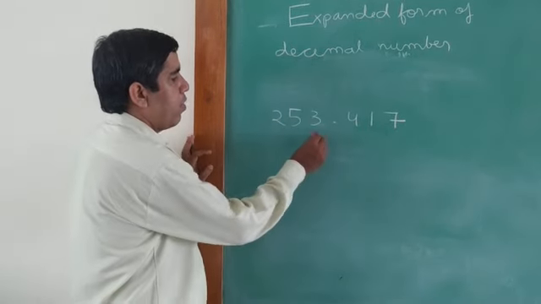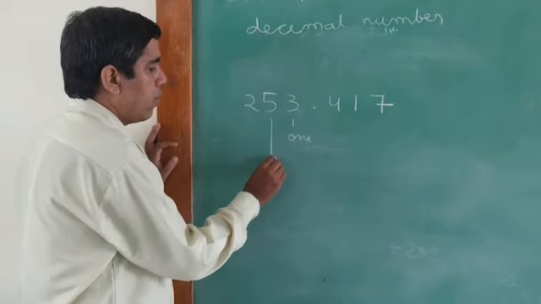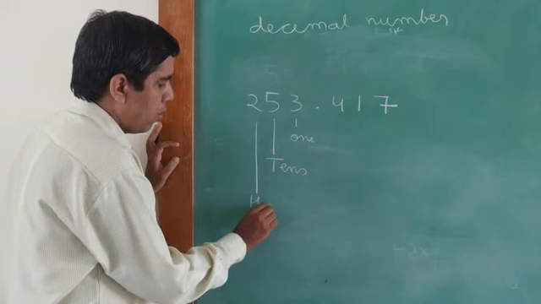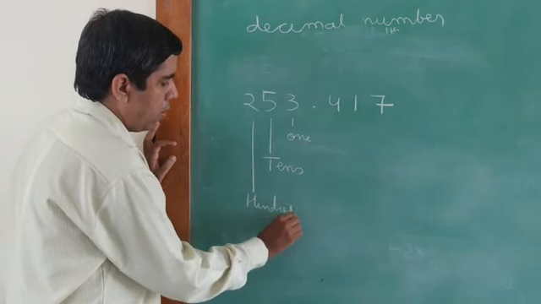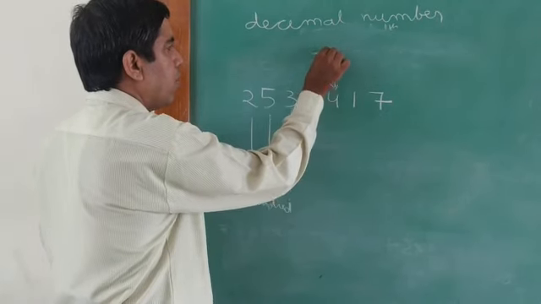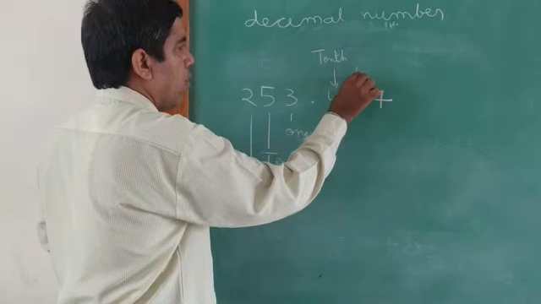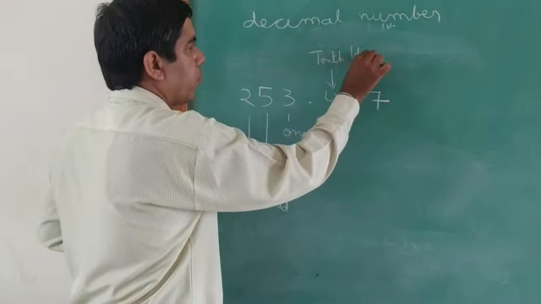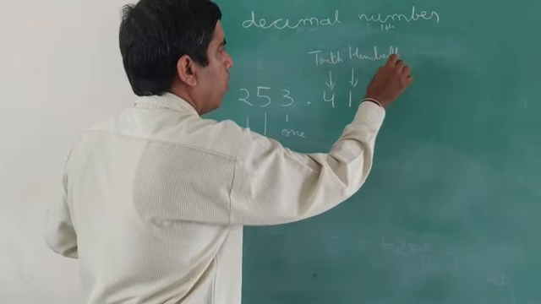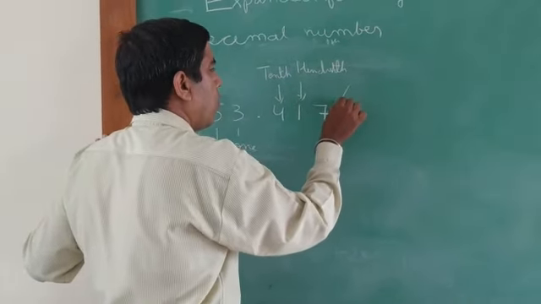So you know this is the place value: this 3 is ones, this is tens, and this is hundreds. And now you can see this also. This is tenths, and this is hundredths. And this is thousandths.